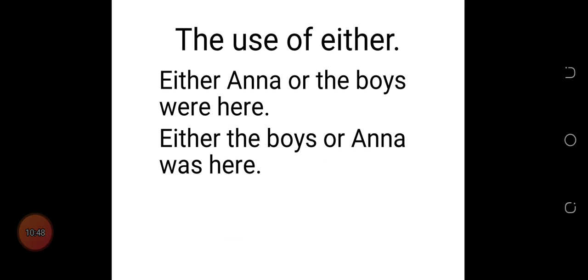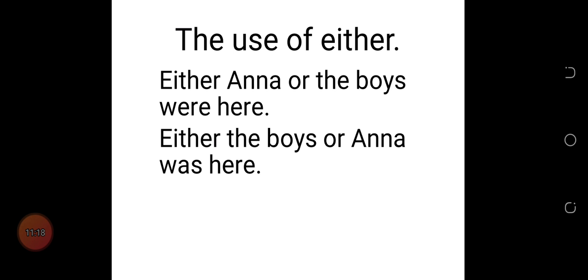Then we also looked at the use of either, which goes with or, in the example either the boys or Anna was here. Because we have Anna, a singular subject, directly before the verb, we have was. Then for the other one, because boys comes before the verb, we have were.